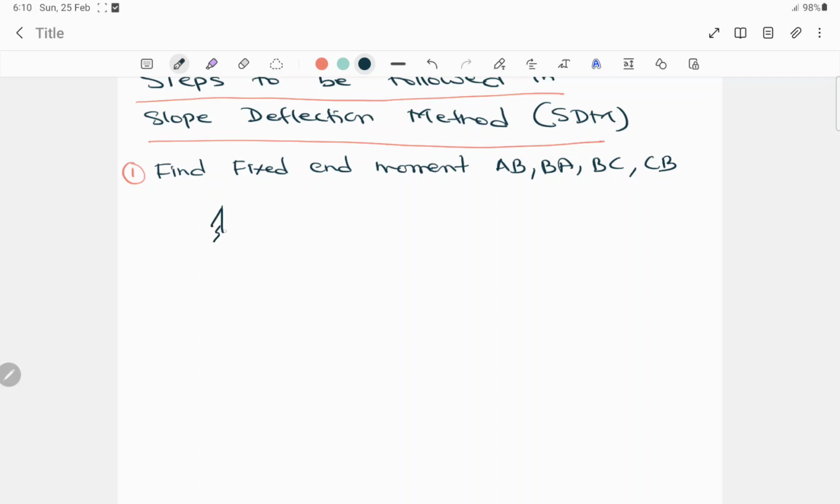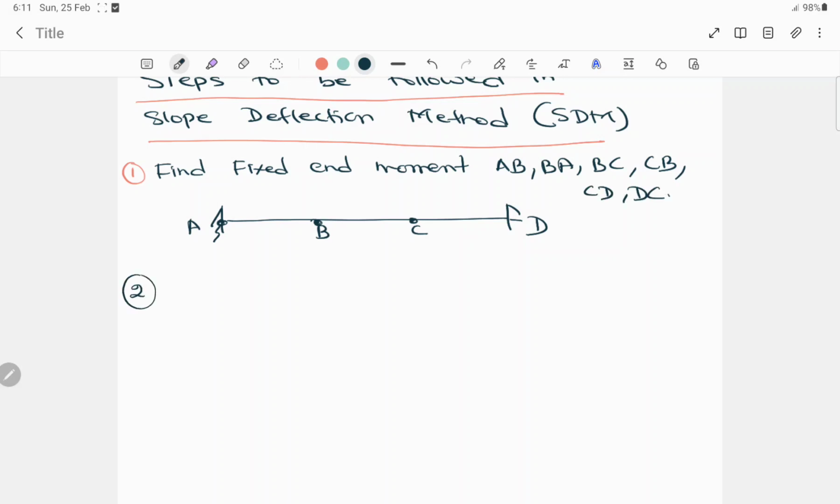Suppose it's a continuous beam A, B, C, D. So you have to find for each span, right? So fixed end moment from A to B, again B to A, again B to C, C to B, and here C to D and D to C.